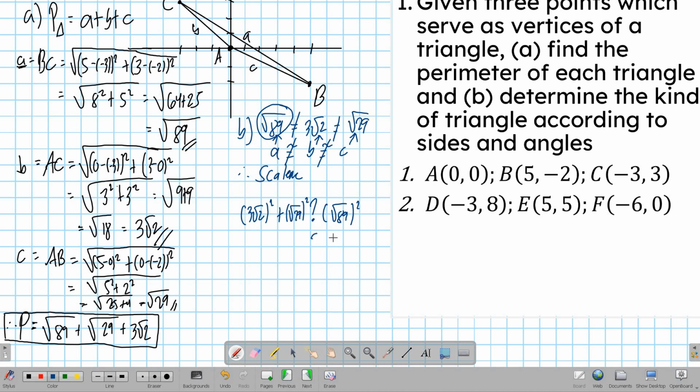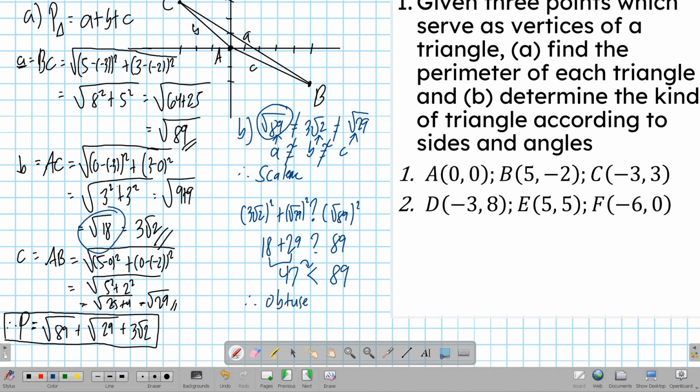So, we know that the square root of 89 squared is 89. Ito, 29. Plus, 3 square root of 2 squared ay ito naman yon, so that's 18. So, the question is, what is 18 plus 29 and how is it compared to 89? So, we have 18 plus 29 is 47, which is less than 89. And since yung sum nito ay mas mababa compared sa 89, therefore, the triangle is said to be an obtuse triangle.